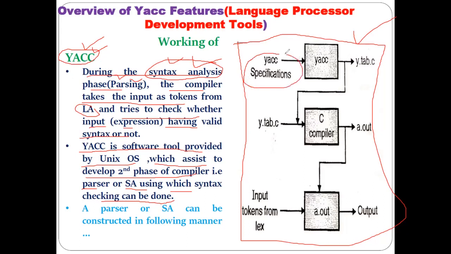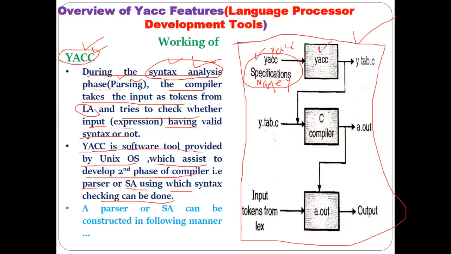In case of the Lex tool, we mention the Lex specification, but here, as you want to generate the second phase of compiler, you have to give the input to the Yacc compiler as a Yacc specification. Means here you have to write the Yacc program, and any name with a .y extension you have to give for the Yacc program. Okay. In case of Lex, you gave .l. So here first you need to write the Yacc specification.